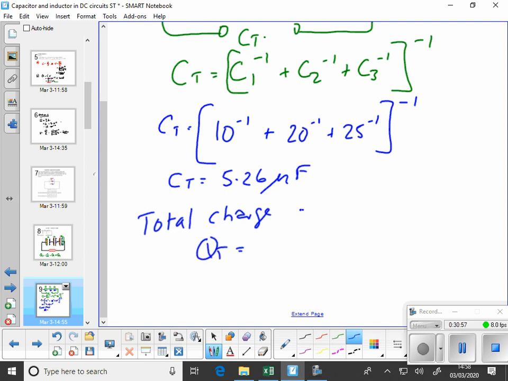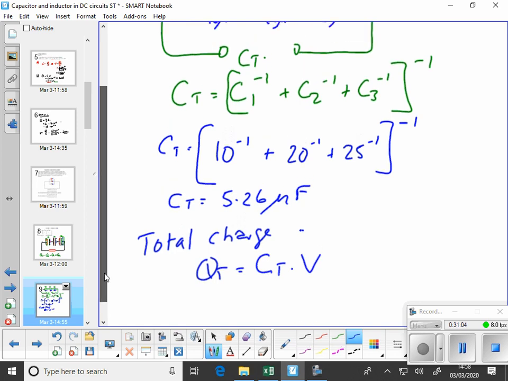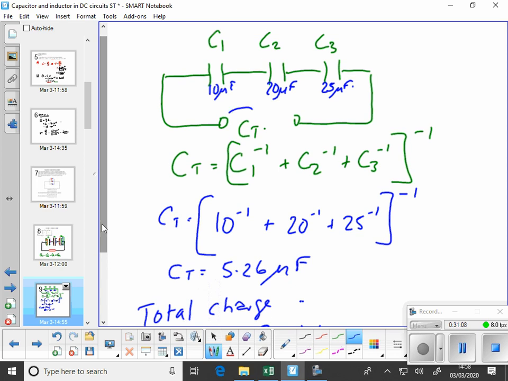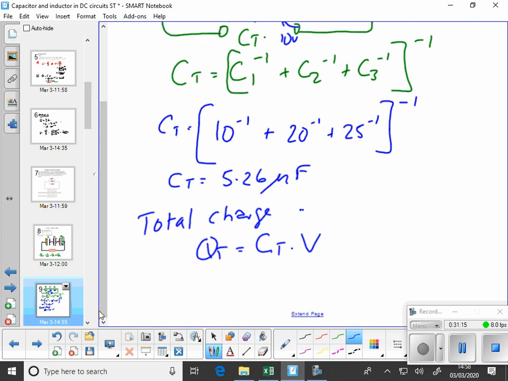QT is equal to CT times V. Right, so if we say we're going to apply 10 volts, that is 5.26 times 10 to the minus 6 times 10. 52.6 microcoulombs, I hope.